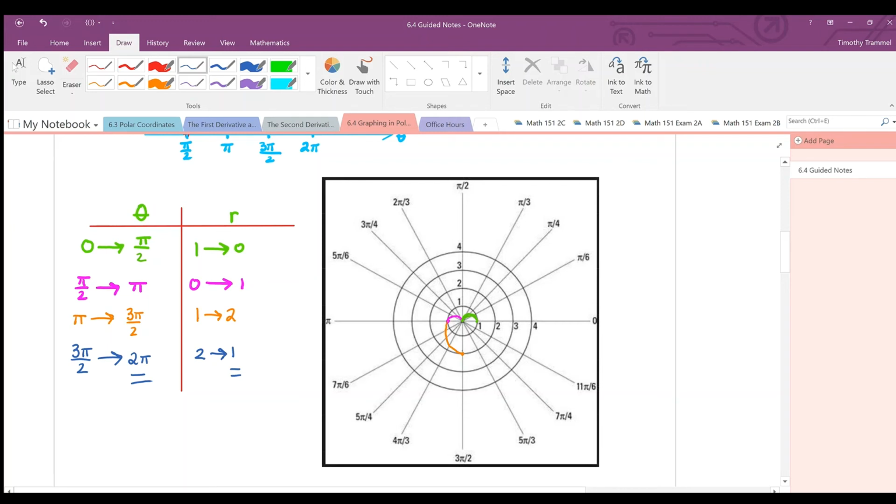Okay. So that means as I go from here and rotate towards 2 pi, r should get closer and closer to 1. So it should probably look something like this. And we kind of have a heart shape here. Again, it will be a little less curvy up top there when we go to graph this on our calculator, but what I'd like us to do is check this out on our calculator now.